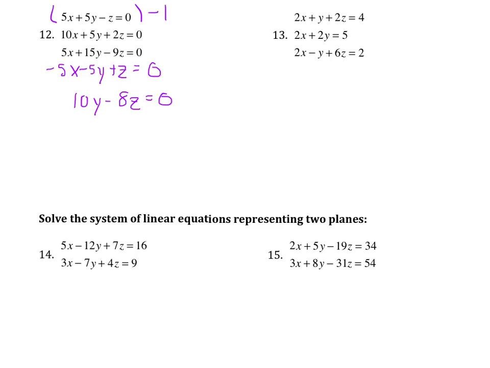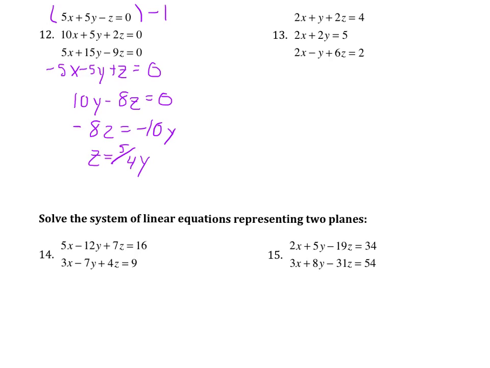So that gives me that negative 8z equals negative 10y. So z equals 5/3 y. Or I'm sorry, 5/4 y.